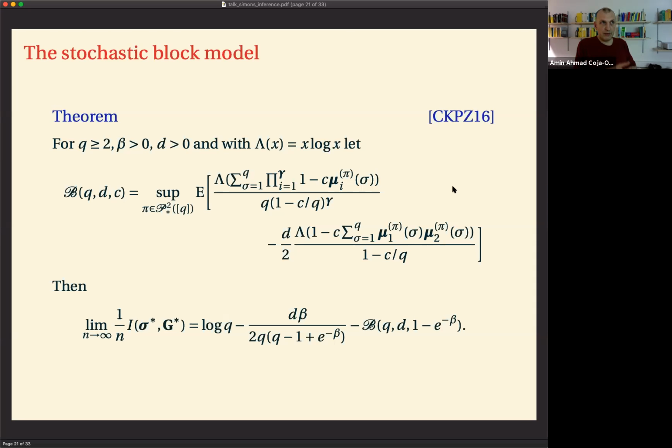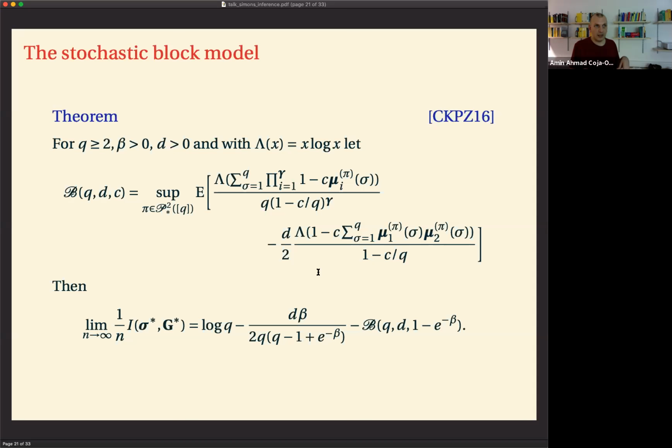For example, this result here verifies the mutual information for the disassortative stochastic block model. The formula comes out as a variational problem. So you have this functional here, the Bethe free energy functional, on the space of probability measures on a simplex. In order to solve this problem, you're supposed to find the probability measure on the simplex that maximizes this functional.